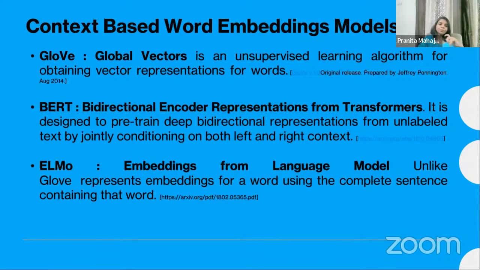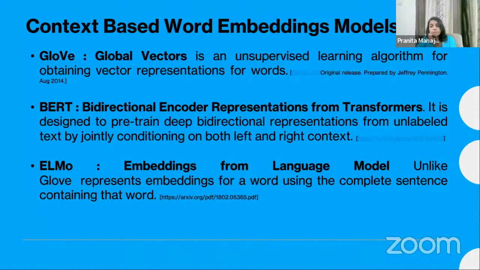Here it tries to understand the meaning of a word by understanding the whole sentence from both directions. So if I'm writing a sentence, then from the start of the sentence and from the end of the sentence, it will try to understand the meaning of that particular word. So it talks about the position, and it talks about the tokens which are there in the sentences. We will see it.